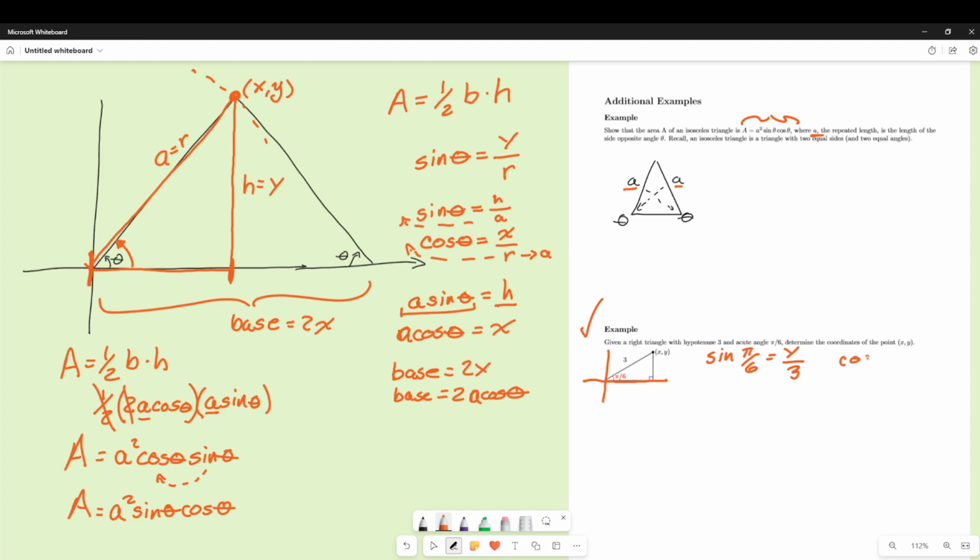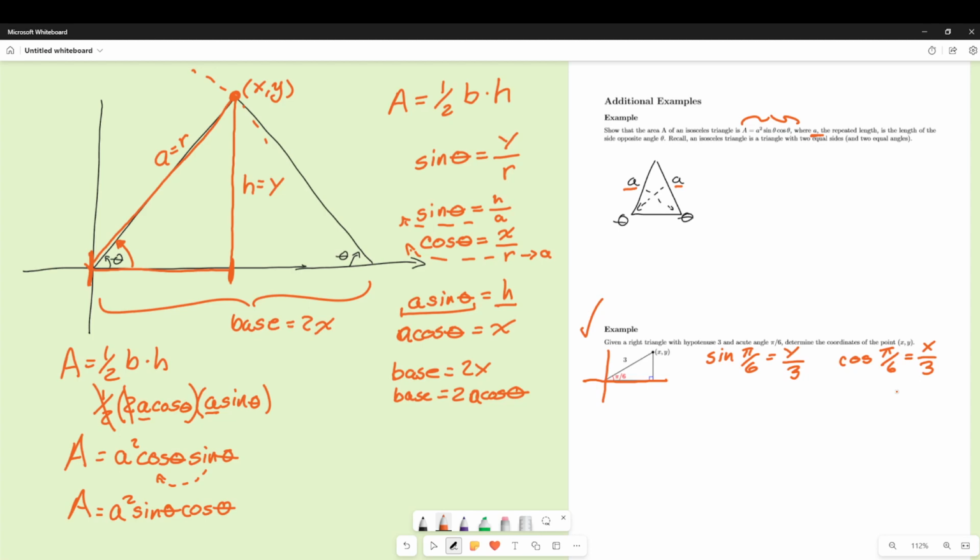And we know that the cosine of our angle, pi over 6, is equal to x over r, by definition, 3. Again, always refer back to those definitions that we looked at near the beginning.